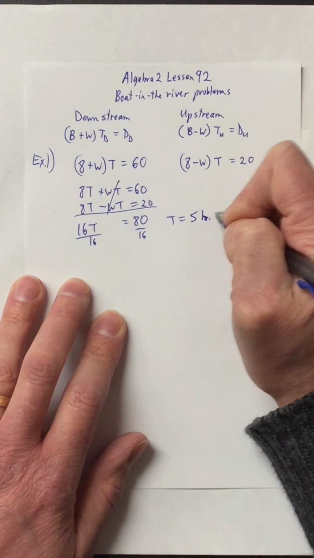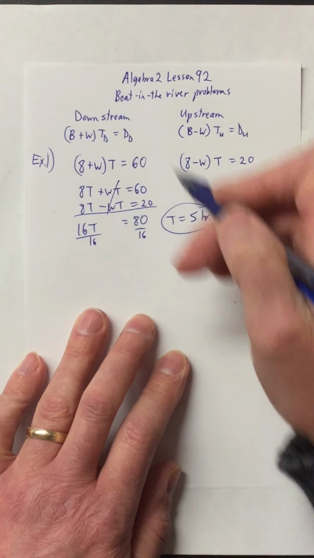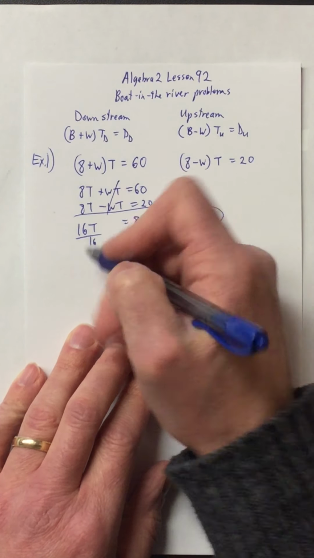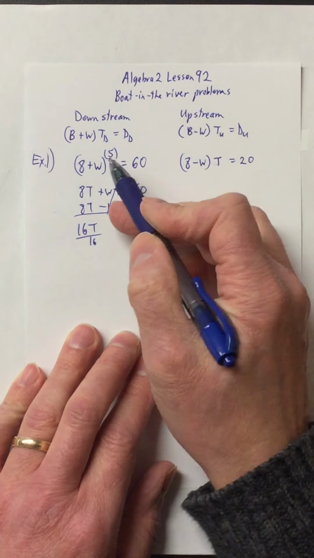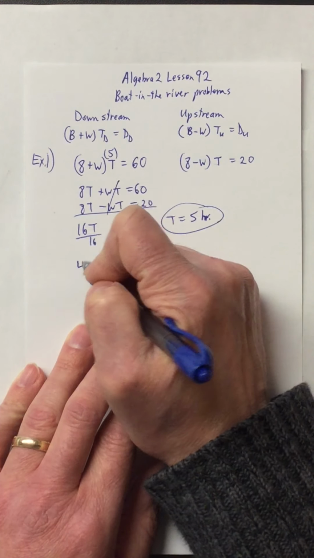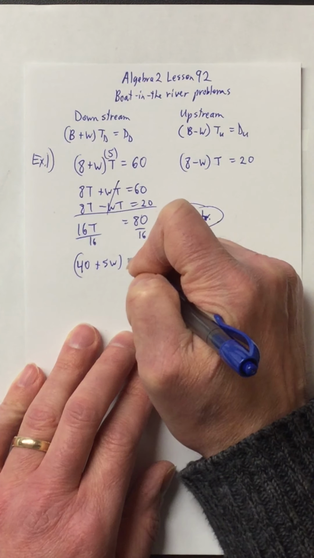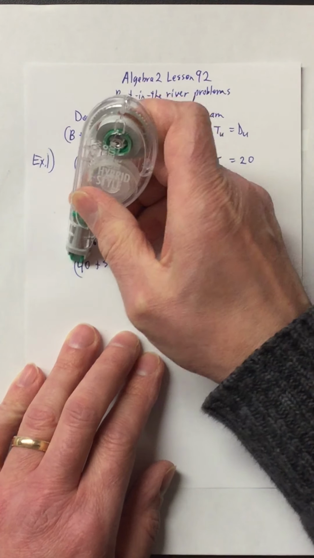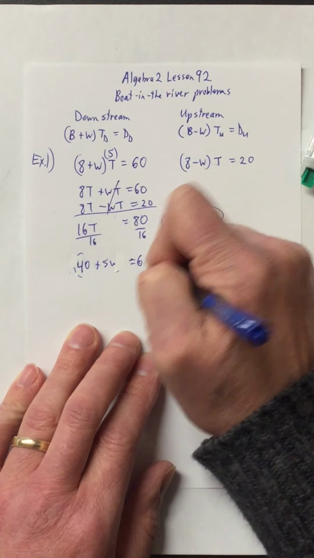So 5 hours is how much time they spent, and now putting that back in through substitution, we can find out what the current is. If our time is 5, substituting that in, 5 times 8 is 40, plus 5 times the current, the water, equals 60.